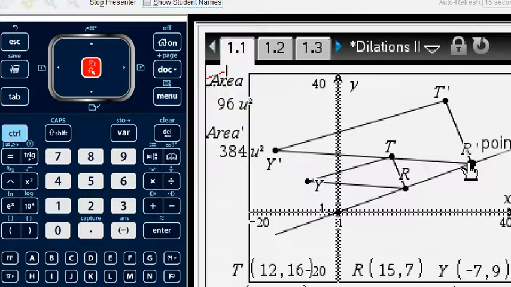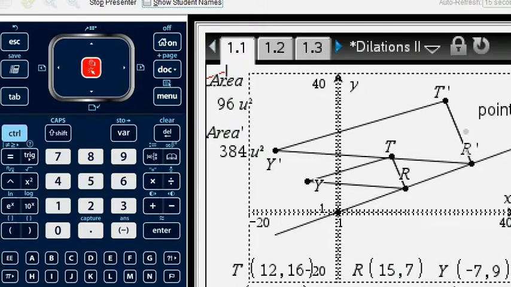Okay? So once you've made that, what part of the axis does this line cross? Okay? And then we want to find the length of T to R, which luckily is right here. T to R is right up there.